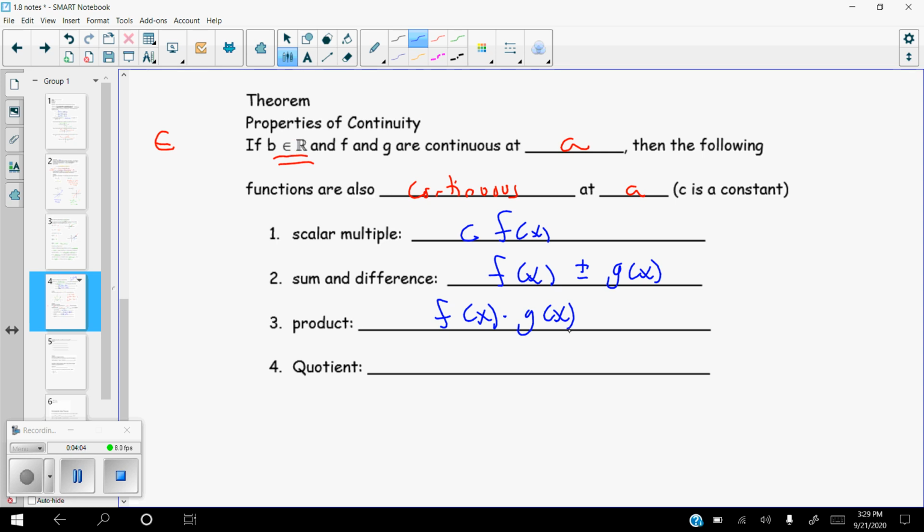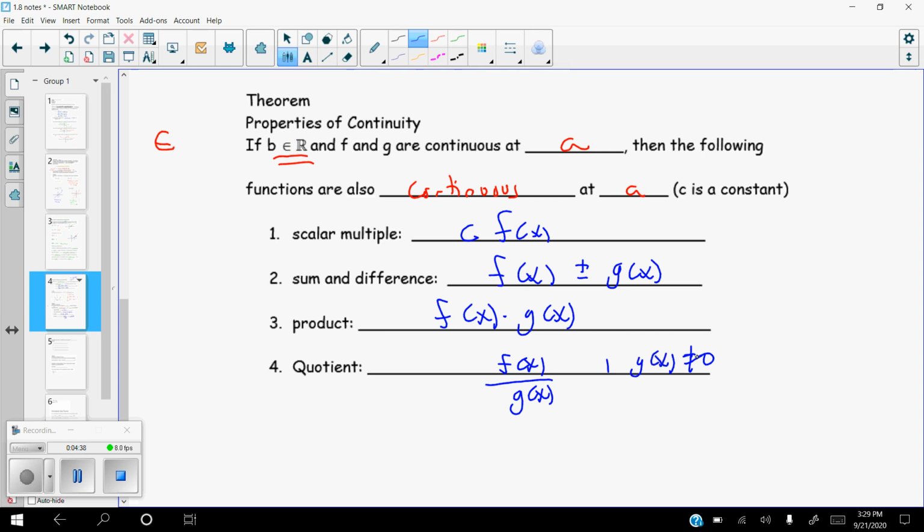The only one that has any kind of an issue is the quotient, which says that if I take a continuous function and I divide it by a continuous function, that will also be continuous unless g of x equals 0. So g of x here cannot be 0, because technically g of x equals 0, or in other words, thinking of y equals 0, that's a continuous function. It's just the x-axis. So that's the only thing that would limit that one. Okay, really easy theorem, nothing you really have to memorize, just kind of know that that makes sense.